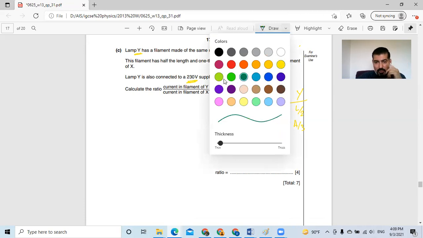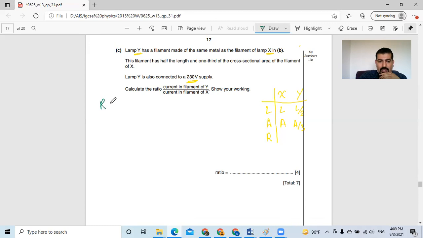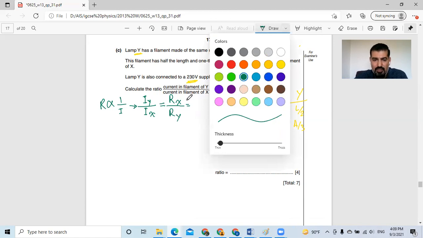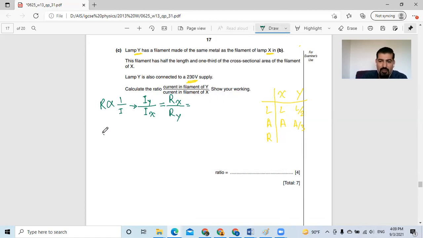But look here, we know that R is inversely proportional to I. Because they ask about I for Y divided by I for X, that means they are asking for resistance of X over resistance of Y. That's what they ask for. So we need to find the ratio between the resistances, and after that we will find the relationship between current and current.